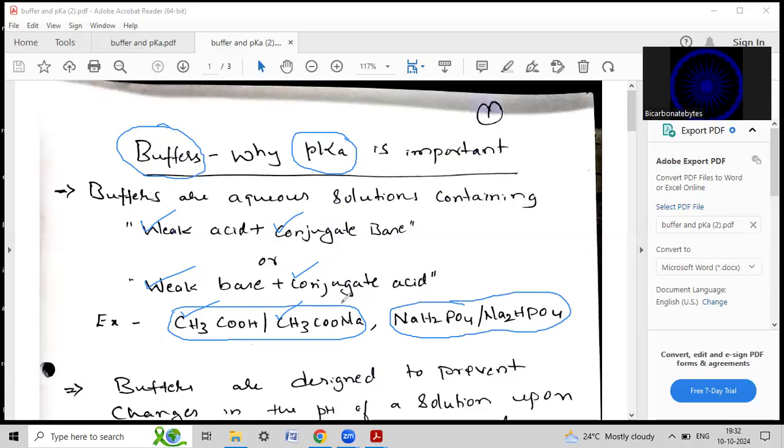But most often, when someone is out to prepare a buffer, they would simply look at the protocol and just prepare the buffer.